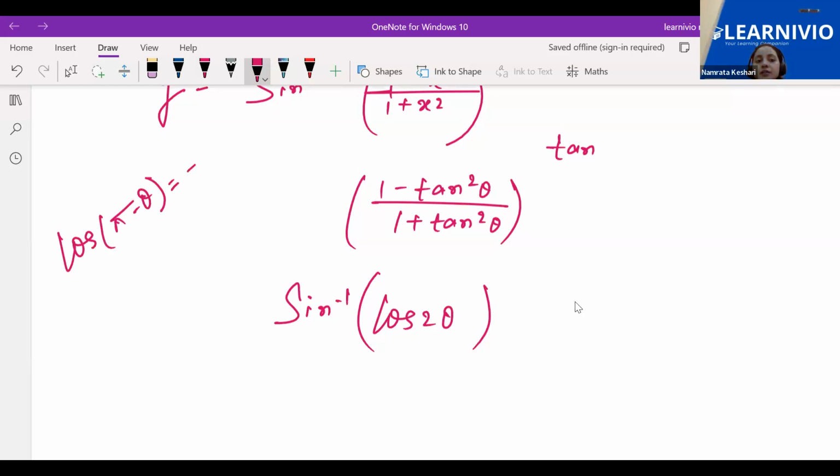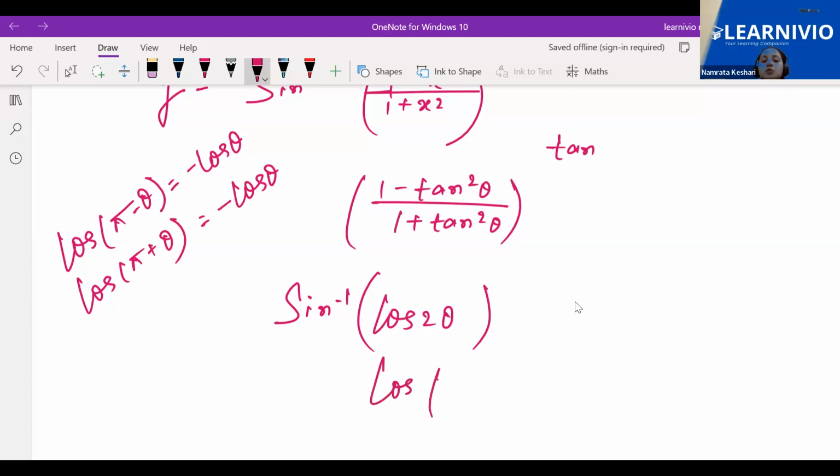That is minus cos theta. Cos of pi plus theta? That is also minus cos theta. What to take? Cos of pi by 2 minus theta we can take.